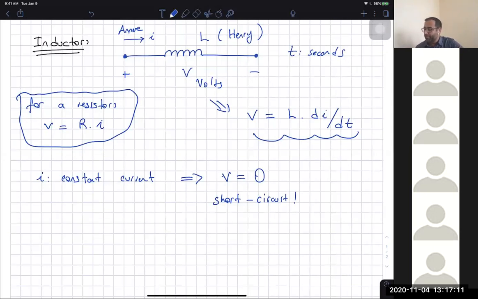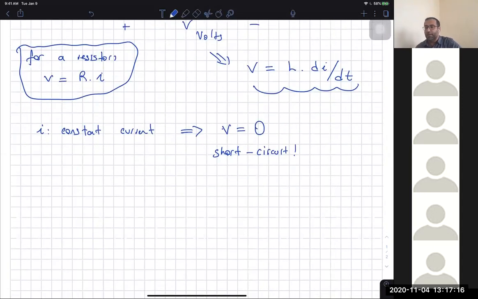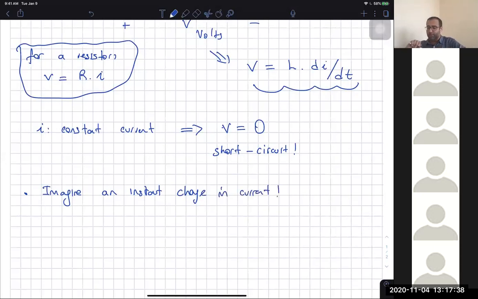And then this equation also brings something very important, which is you cannot have an instant change in the current, right? So imagine an instant change in current. It's not physically possible, but imagine you suddenly change the current from 2 amperes to 5 amperes.